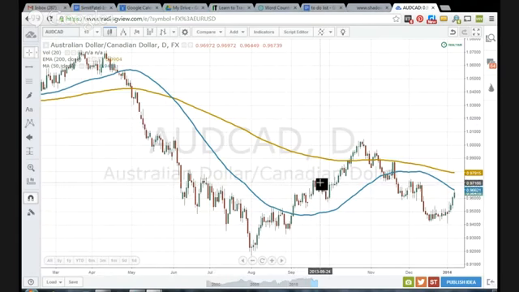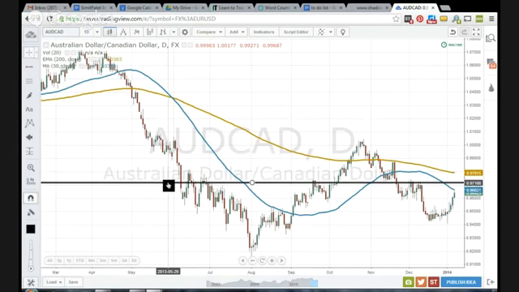Really, I would need to see it pull back to around this level. CAD yen to me seems ready now. Aussie CAD may not be ready yet, but maybe tomorrow we may reach this level. So we'll see.